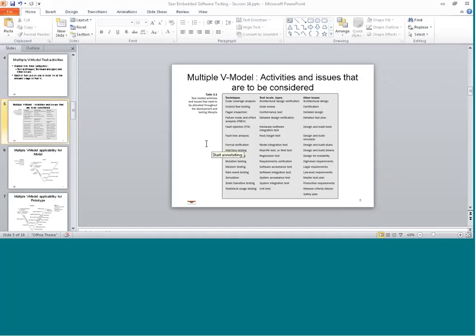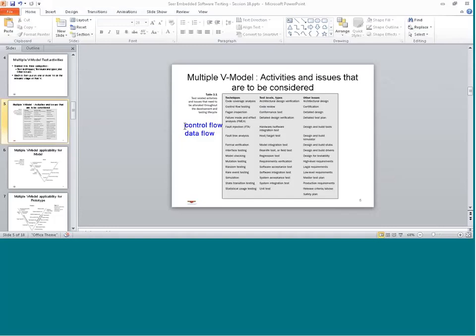So there is a term called control flow. For control flow and data flow, these are some very important items that we need to know in order to understand embedded software testing.